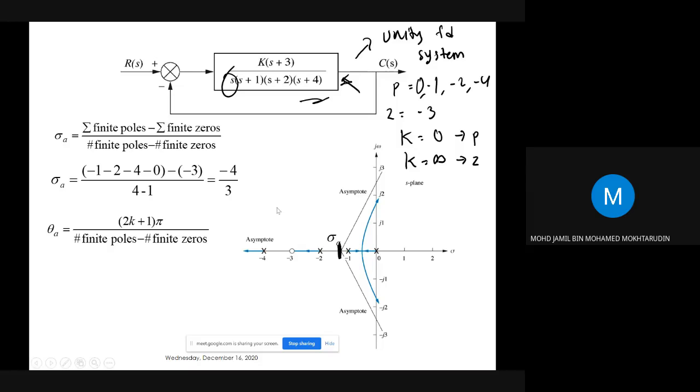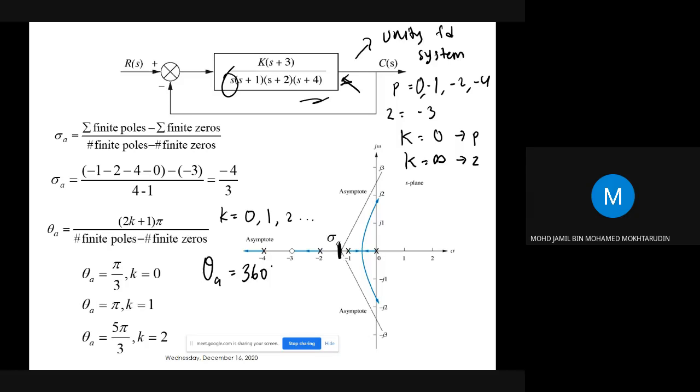And then to find the angle, because here you have the constant k, you find the value of angle starting from k equals 0, k equals 1, 2, and so on, until your angle theta A reaches 360 degrees. If when you calculate you get more than 360, then you stop finding the angle.